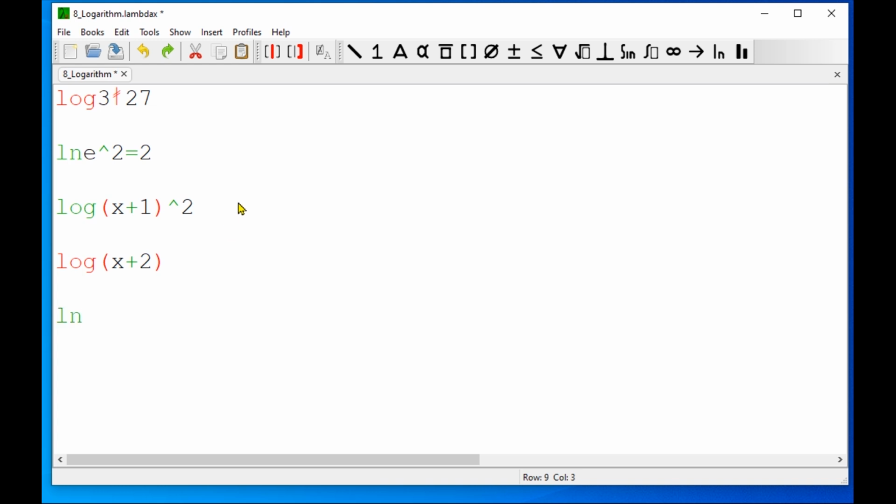So, we could simply write ln or log, possibly with a capital letter, like this, and the characters we type will describe the mathematical symbol.